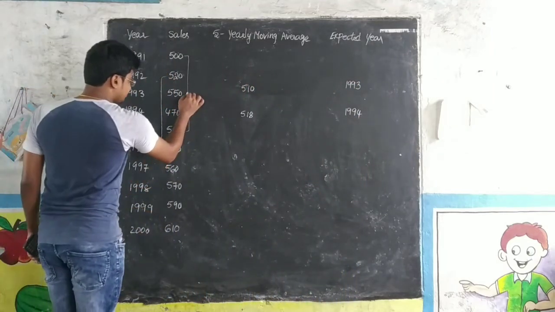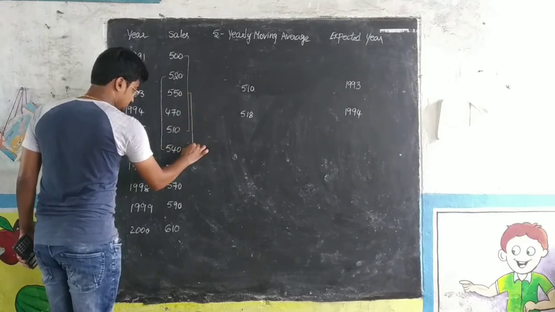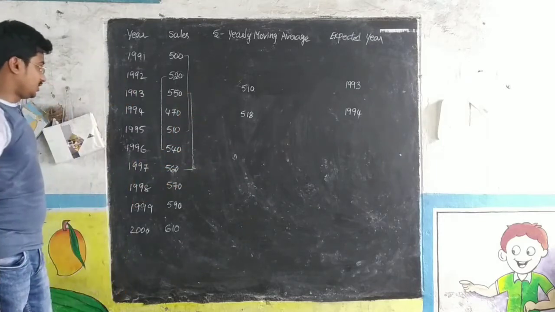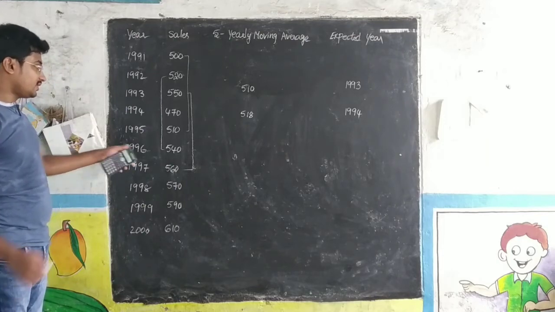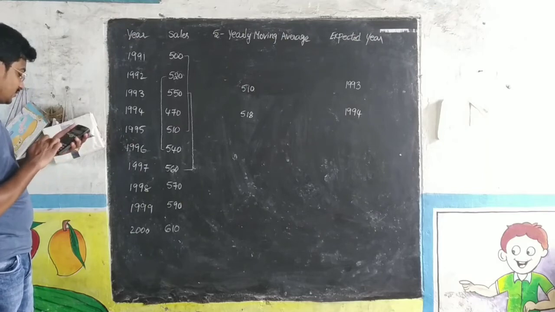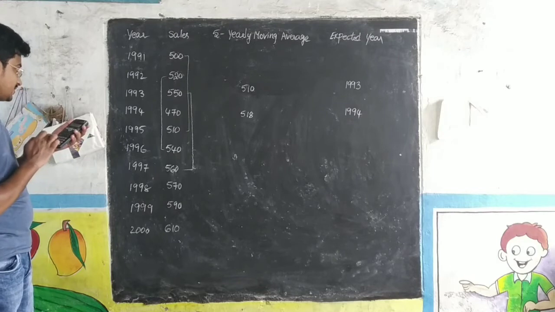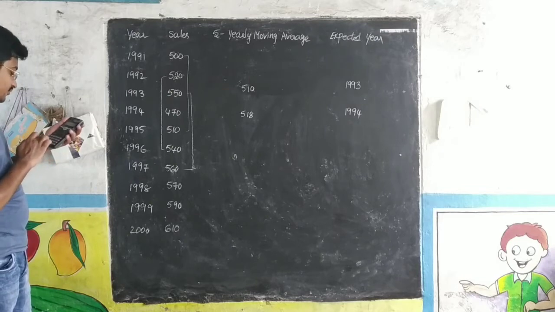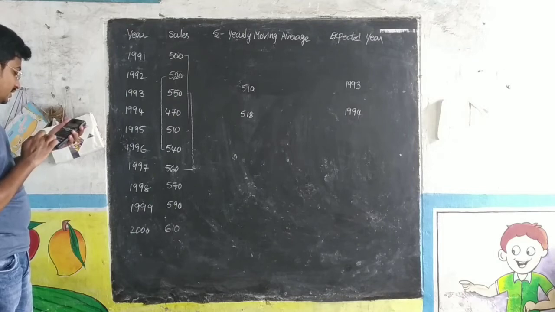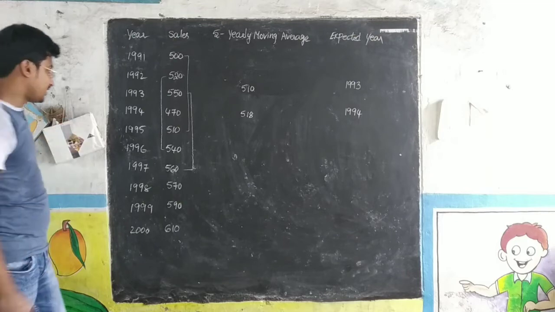Next 5 years. 550 plus 470 plus 510 plus 540 plus 560 divided by 5 is 526.